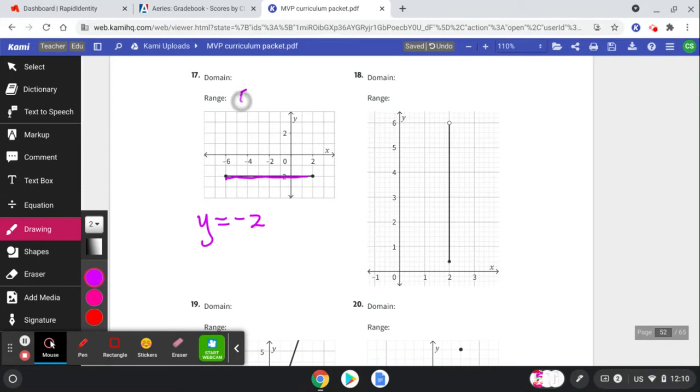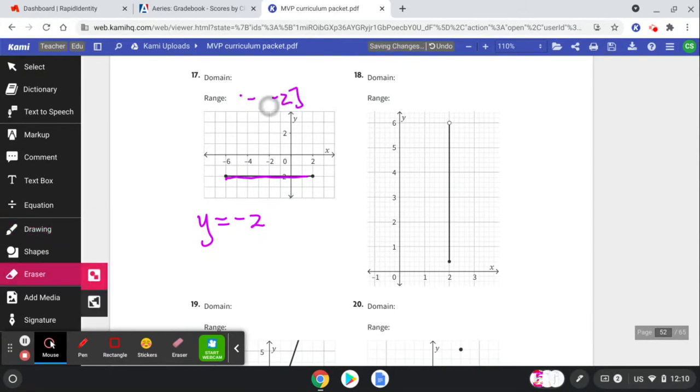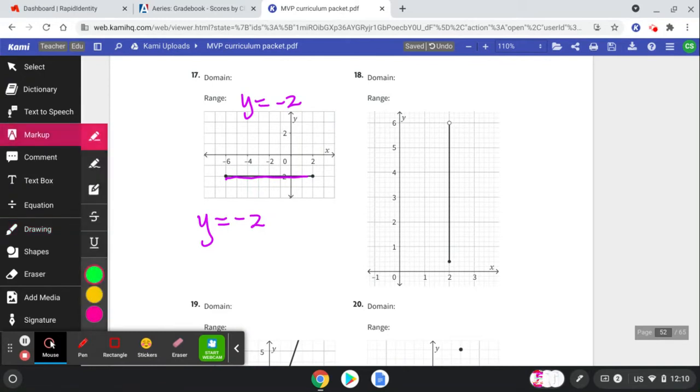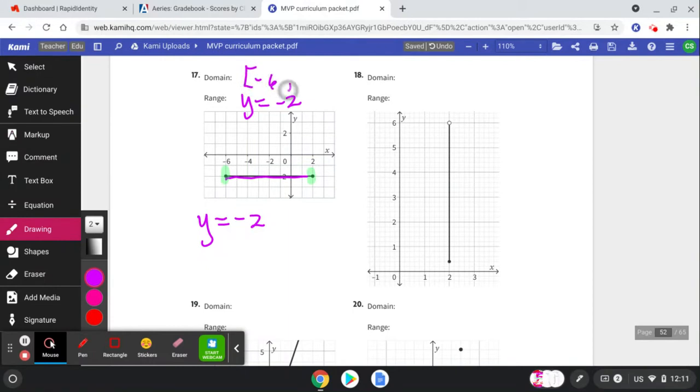Literally from -2 to -2, or what we say to that is just y equals -2 only. And then what's my domain on that guy? It goes from -6 to 2. Notice I'm using the brackets for inclusive because those are closed dots. Closed brackets for closed dots.